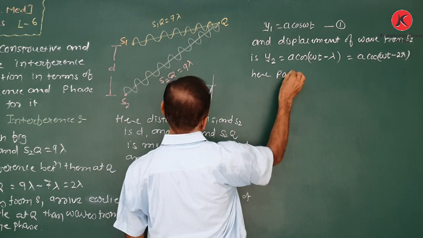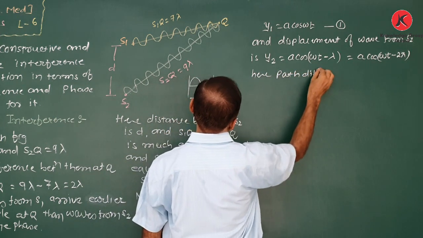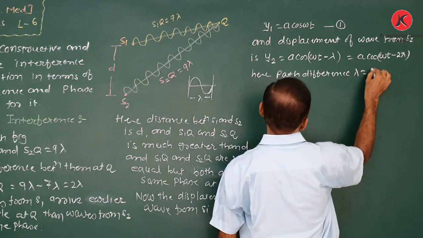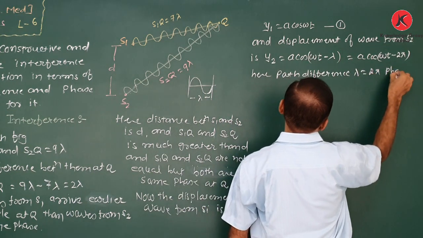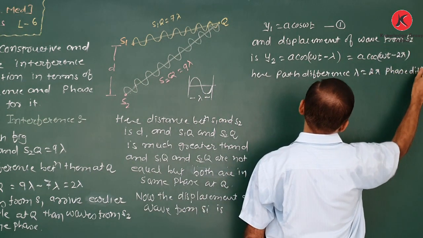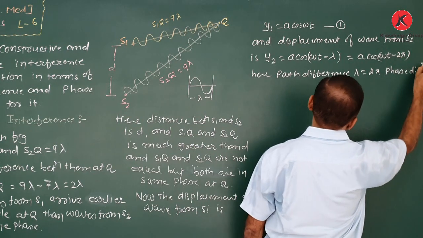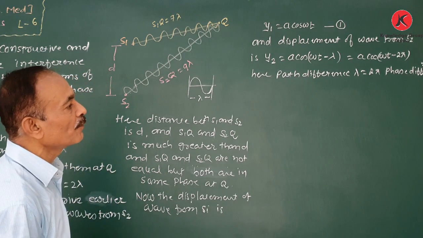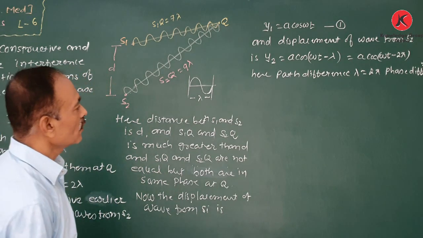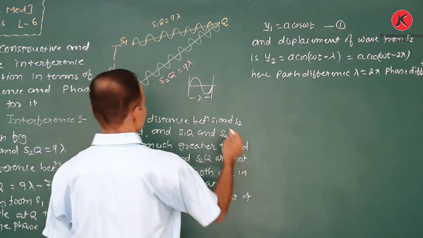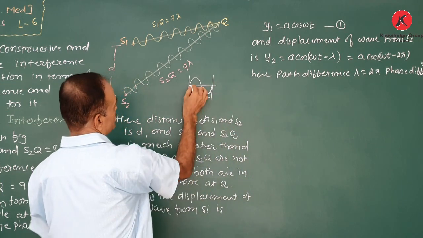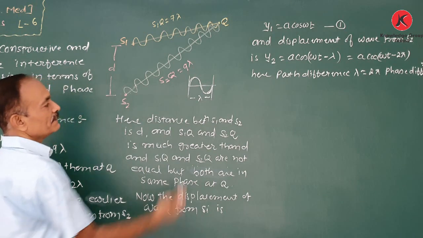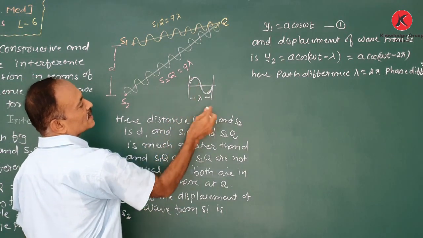Here, path difference lambda is equal to 2 pi phase difference. Why is path difference lambda equal to 2 pi phase difference? Already we know the wave has a crest and a trough.